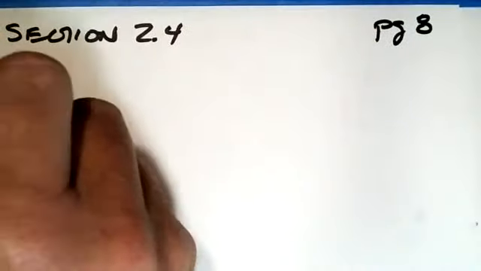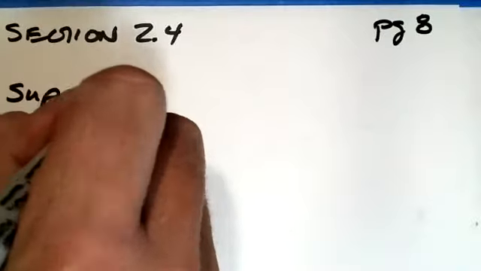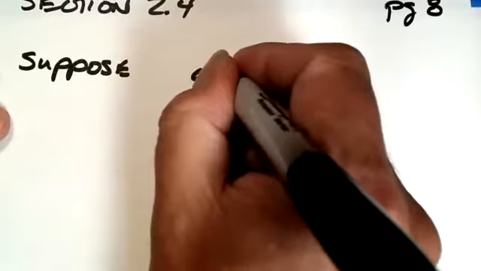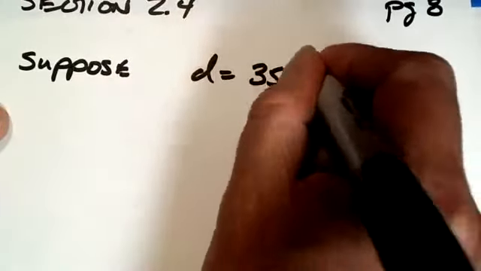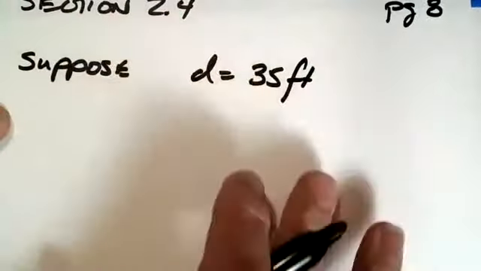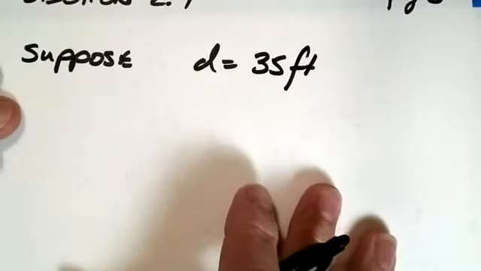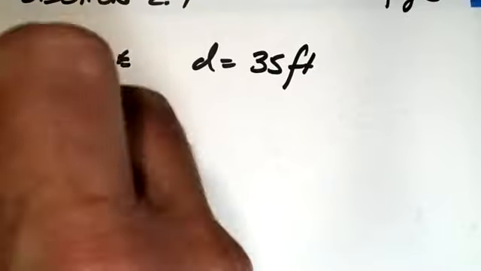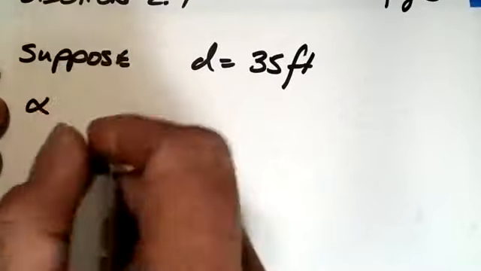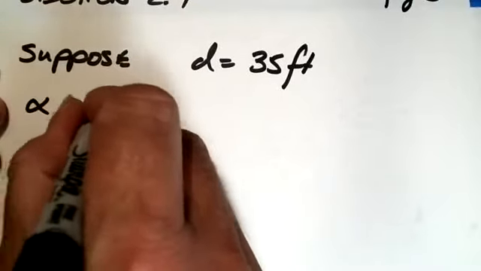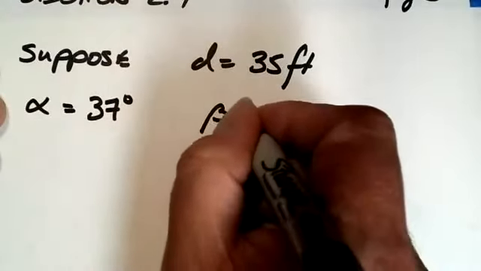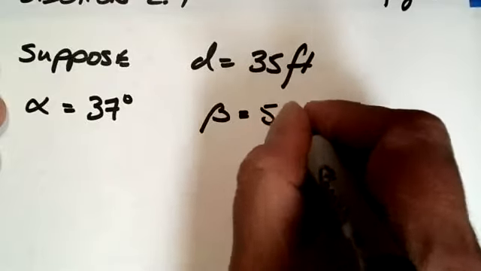Okay, so suppose, and let's just pick some realistic numbers. Let's say that the distance is 35 feet. So you took a measurement at some point, and then you walk 35 feet closer to the tree. The angle of ascent at the far distance was 37 degrees, and the angle of ascent at the close position was 51 degrees.